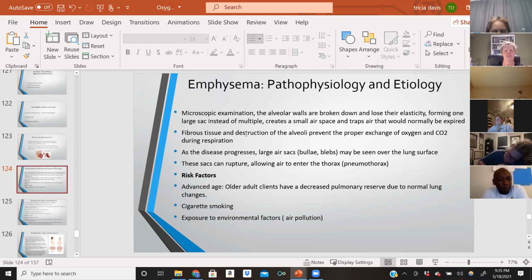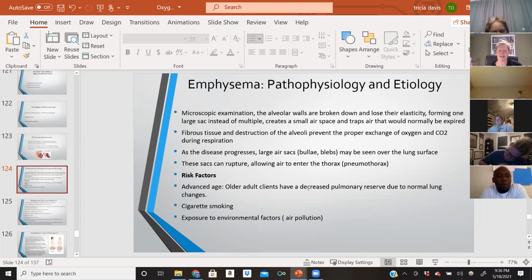You have fibrous tissue and destruction of the alveoli that prevent the exchange of oxygen and carbon dioxide during respiration. As the disease progresses, you're going to get bullae and blebs, which are large air sacs that can be seen over the lung surface. These sacs can rupture, and once they rupture, they allow air into the thorax and you can have a pneumothorax.